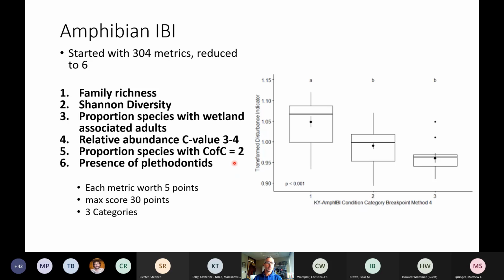And you can see the metrics include C of C related metrics, community diversity, richness at the family level, and in this case, the presence of plethodonid salamanders, which would indicate it's a relatively high quality, less disturbed wetland.